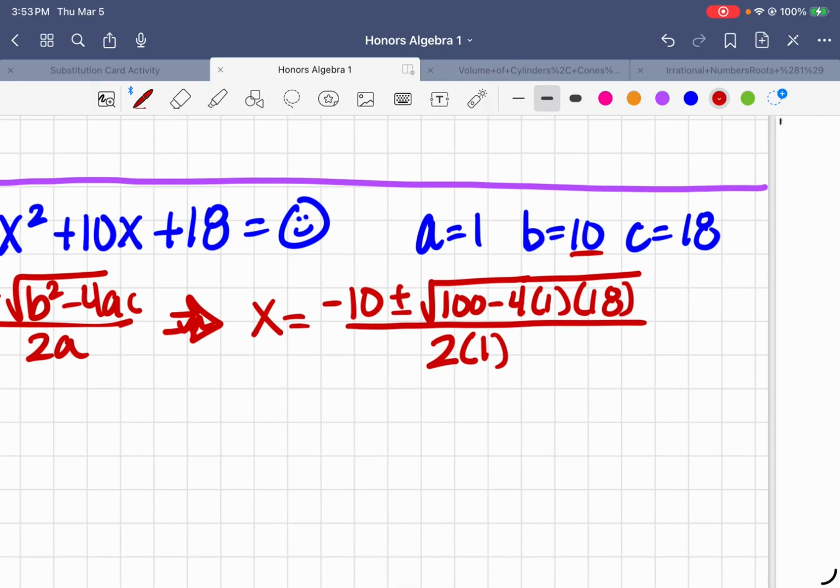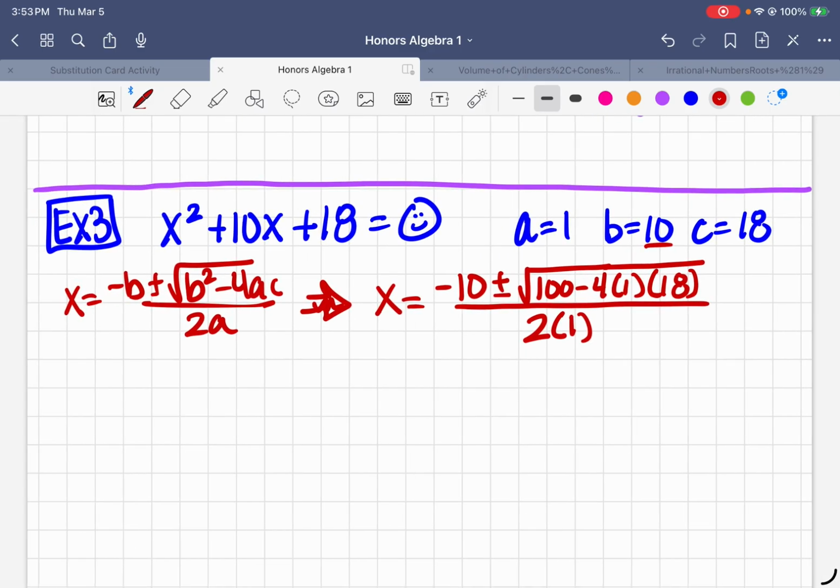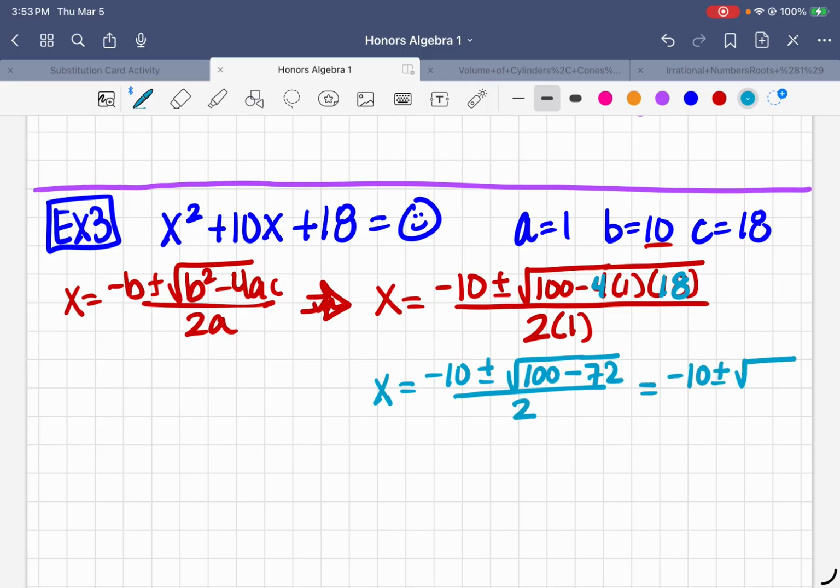Let's simplify. So x is equal to negative 10 plus or minus the square root of 100 minus 4 times 18, which is 72, all over 2. So I get negative 10 plus or minus the square root of 28 over 2.